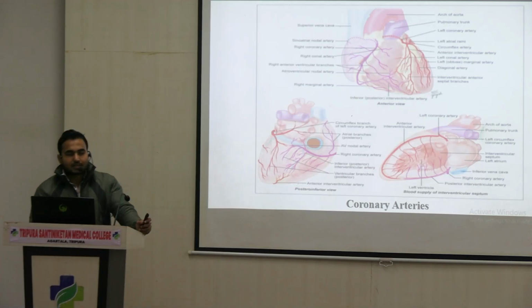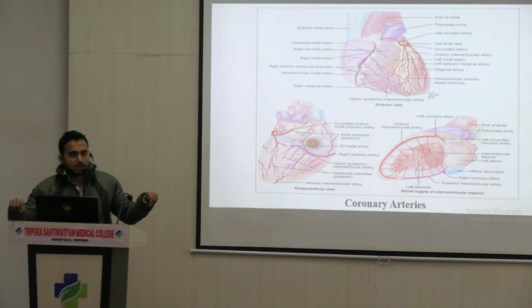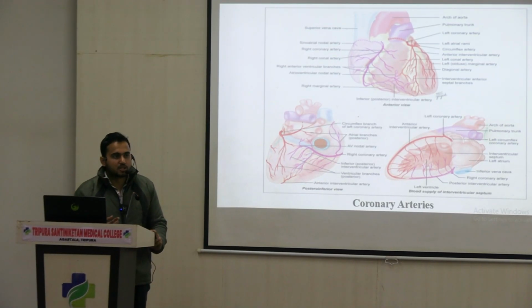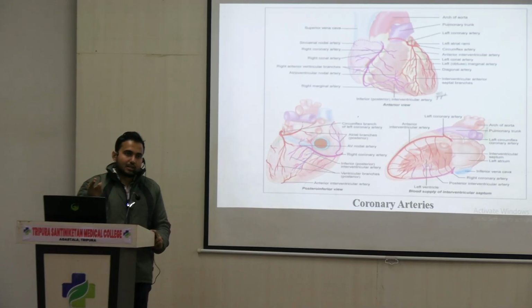Now, when the heart is relaxed, the backflow of the blood fills these pockets, and from there blood goes inside the coronary arteries. Now, what does it mean? When the heart is relaxed, when the heart is not contracted. This is the speciality. In other arteries or other vessels, the blood enters when the heart contracts. But here it is the opposite.